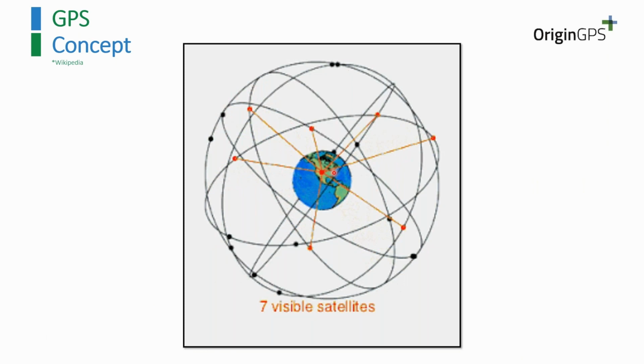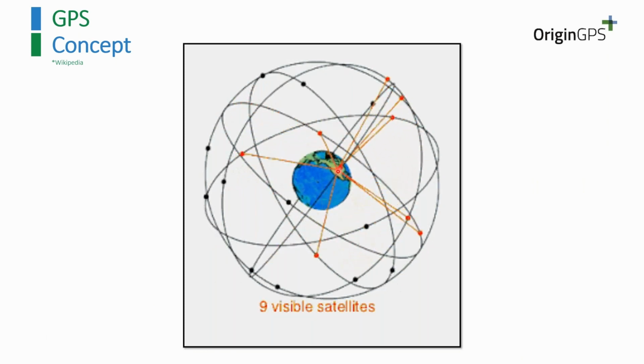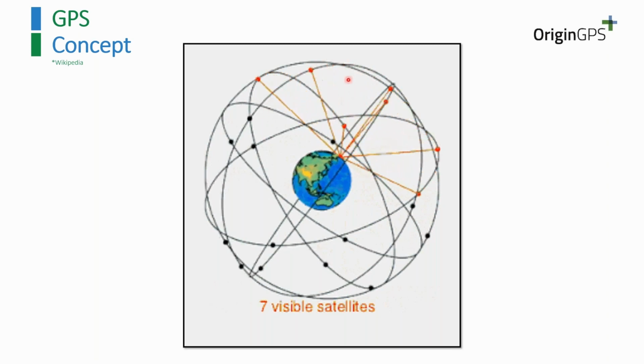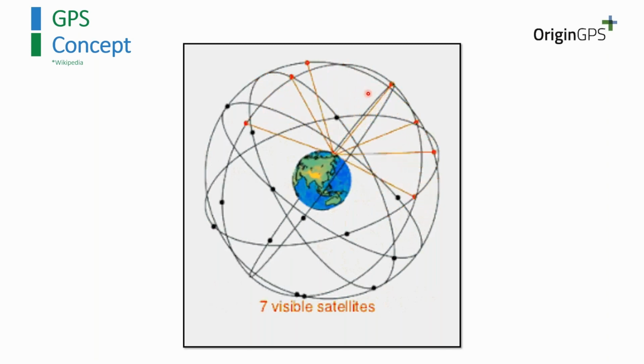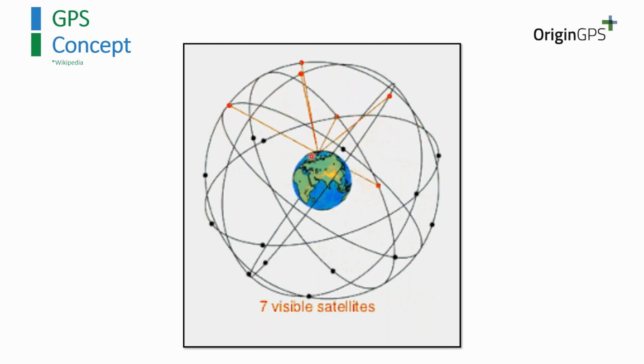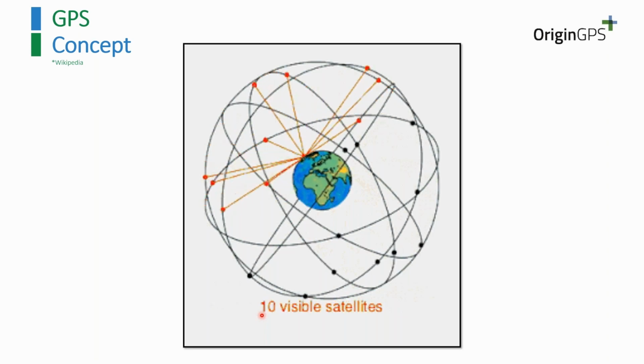So if we start to talk about GNSS, you can see here a red point. For example, this is a GNSS sensor, a receiver on our Earth, and you can see here a satellite, how they go around in the sky. And every time we can see a different number of satellites.